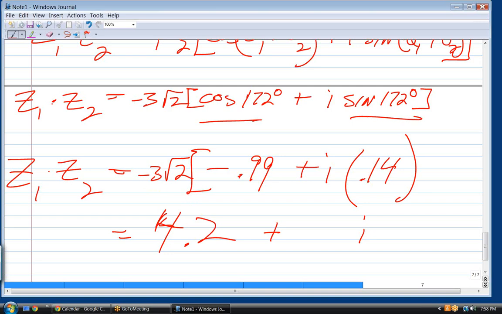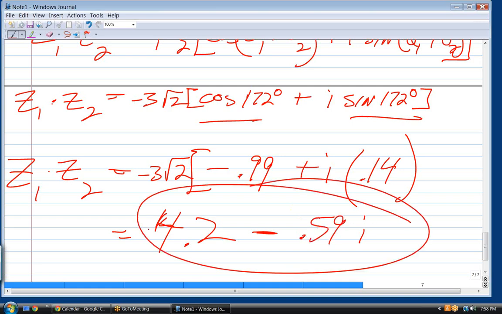What is negative 3 root 2 times 0.14? Negative 0.59. Is that an answer? Yep. Okay.